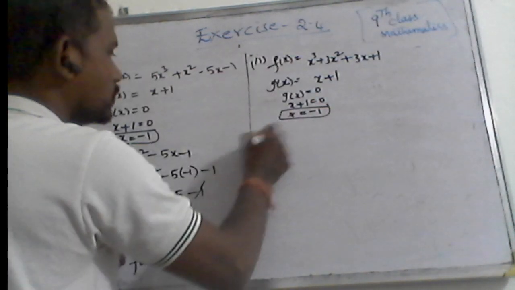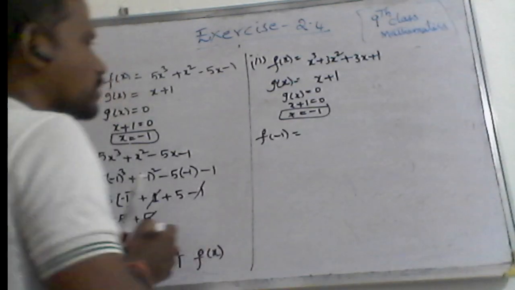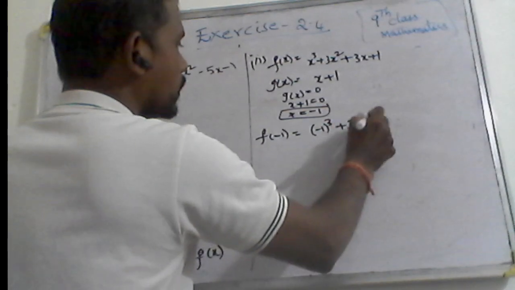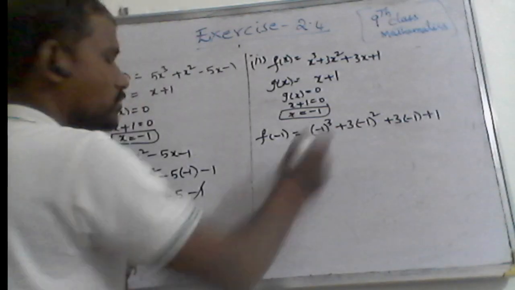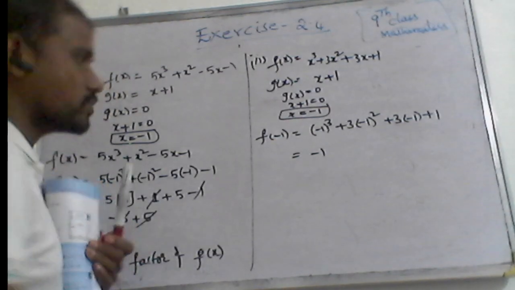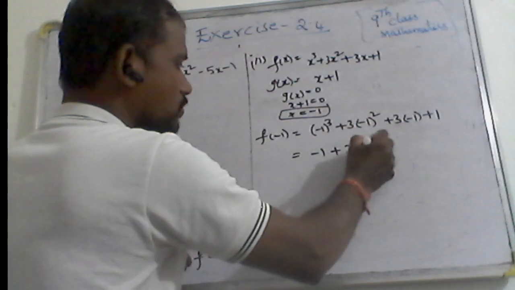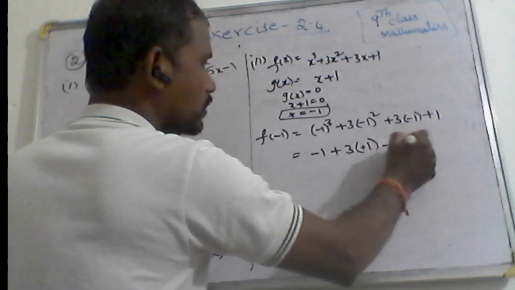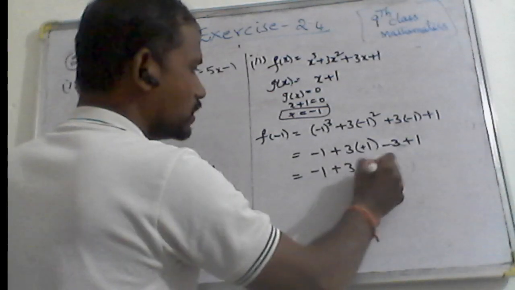Substitute this value in this f of x. So f of minus 1 equal to (minus 1) whole cube plus 3 into (minus 1) whole square plus 3 into minus 1 plus 1. So minus 1 plus 3 minus 3 plus 1.